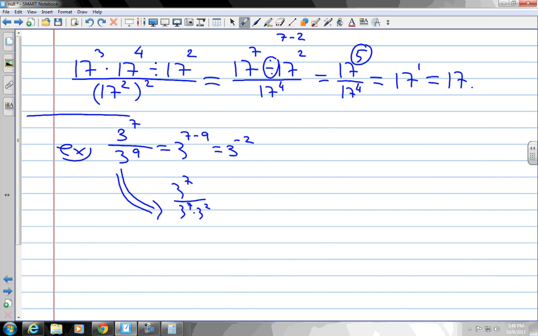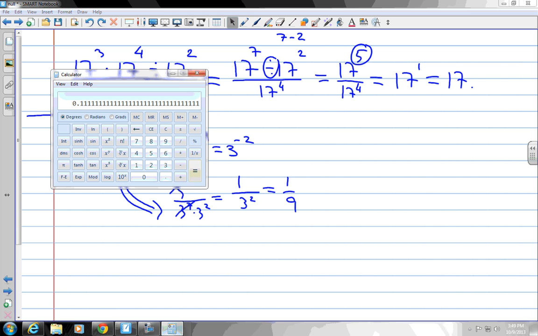So now my numerator and denominator have a common factor, so I can cross out 3 to the power 7. Is that right? So what's left in the numerator? 1, because we divided, so we're left with 1. Denominator is 3 squared, which is 9. So it's 1 over 9, right? And if I actually plug in 1 divided by 9 in my calculator, I'll get the same thing.